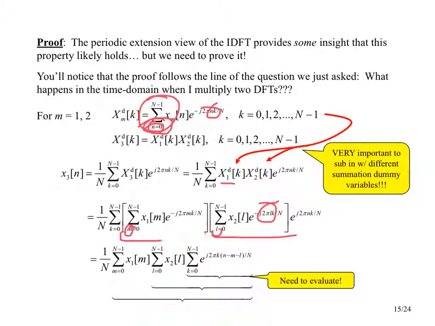Once we do that, now we are free of the risk of linking those two sums together. I can see that this term belongs to that sum, this term belongs to that one. This exponential is indexed by m, this one is indexed by l. But we do see a legitimate linking between those two exponentials.